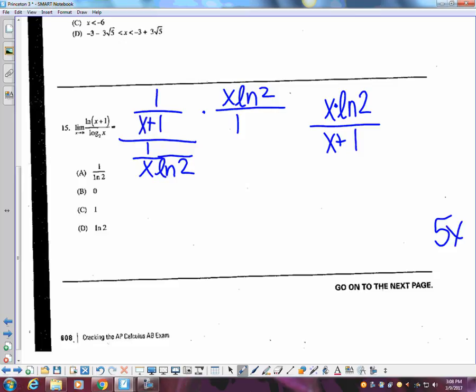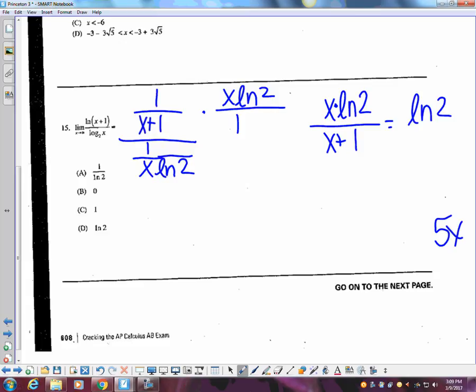Just a 5, right? Now, if you don't notice that, and honestly, guys, the first time I did it, I did product rule. And I still got ln of 2. But what's the derivative of 5x? 5. So what's the derivative of ln of 2 times x? ln of 2. I was thinking next thing there was two, so I was like, zero times.